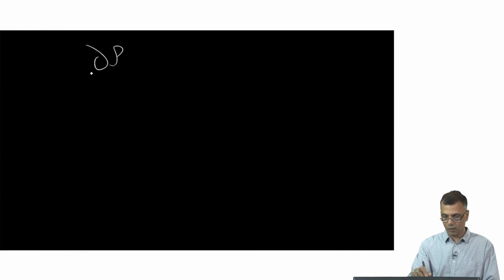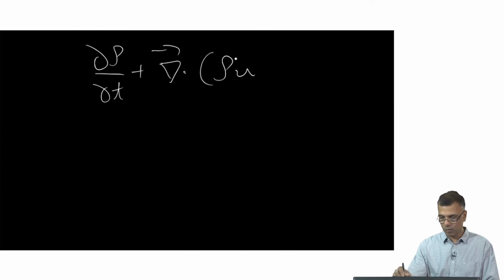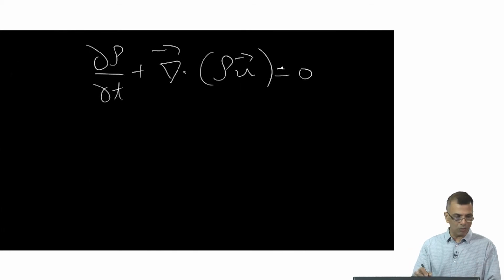Okay, so the mass conservation equation, which is written as d rho dt plus divergence of rho u equals 0, in Lagrangian coordinates, by way of a Lagrangian observer, it would be this.